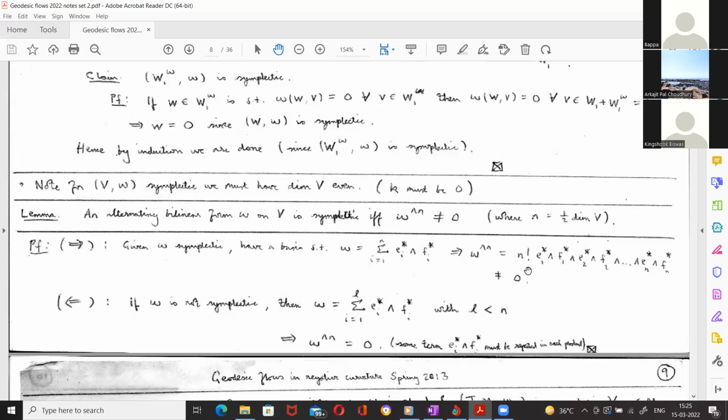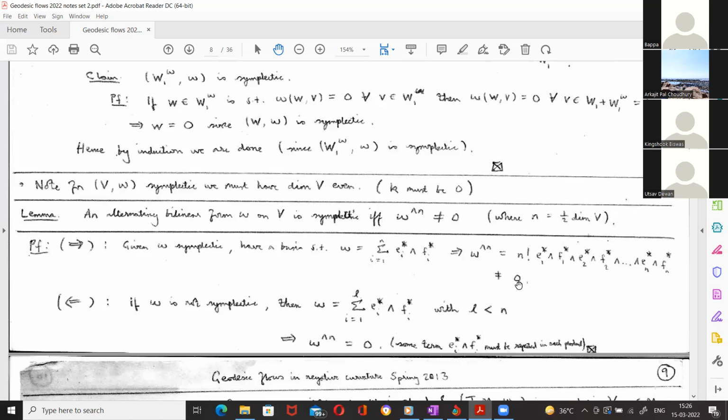And there will be n factorial many such terms, right? So this is non-zero because e1, f1, e2, f2 up to en, fn is a basis. So the wedge of their dual basis will be non-zero. So this is non-zero. Is this clear?